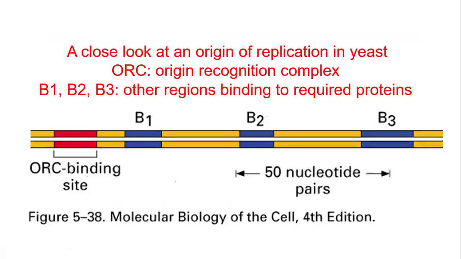Then a closer look at the origin of replication in yeast: you can see B1, B2, B3, other regions binding required proteins. This order is very important for that particular process, because again, other regions bind required proteins for this particular place to operate. It's just like when you come to your house and want to enter, there is a padlock.